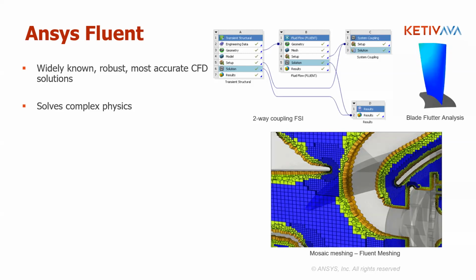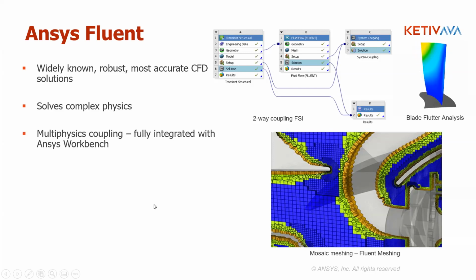If it is a flow that is quite complex, for example, you're doing a turbulent simulation, you have to take care of resolving the eddies, or maybe you're doing a multi-physics simulation, wherein you have to couple a fluid simulation with a structure simulation. All that can be done in a very seamless fashion using Ansys Fluent, and it gives you the most accurate solution.